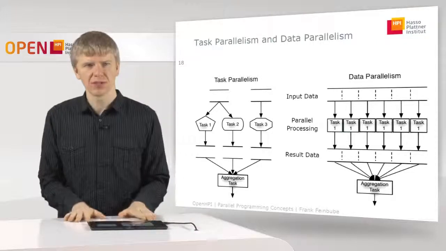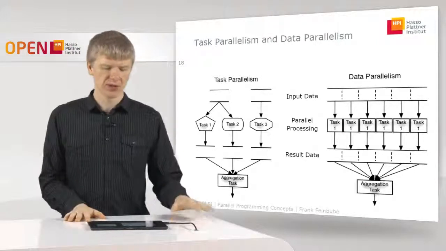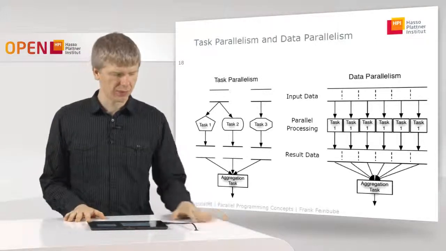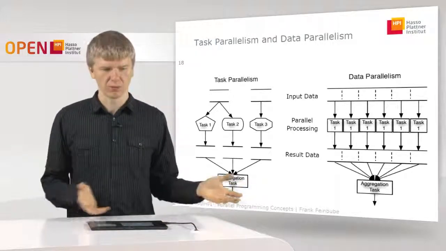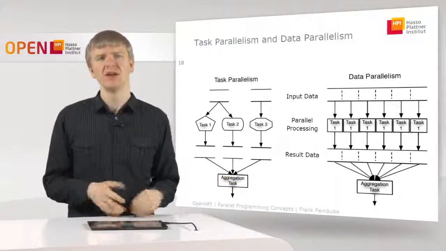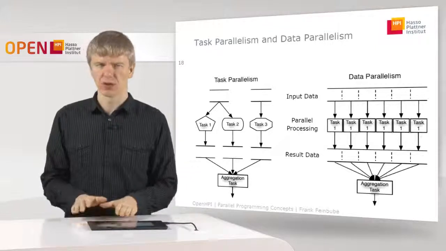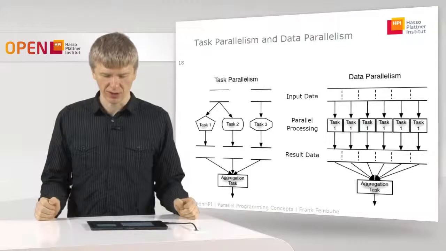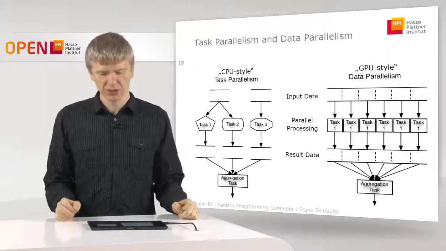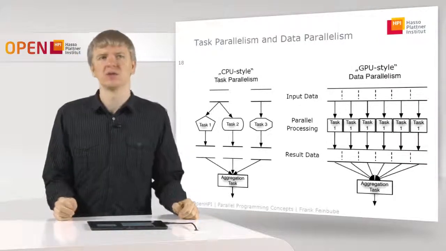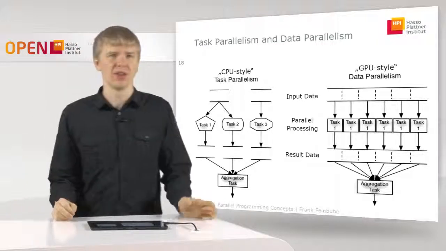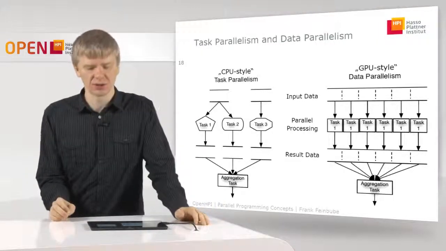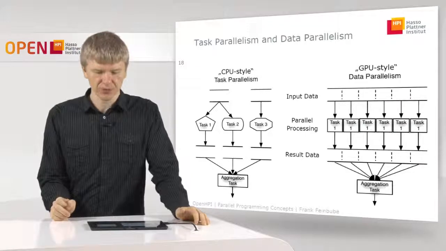So the fundamental difference here is that while the CPU can have multiple different work packages running at the same time, GPUs are really focused on doing one particular thing very, very parallel. So the left part would be CPU-style task parallelism, and the right part would be GPU-style data parallelism. And the right part is true for a number of accelerators.